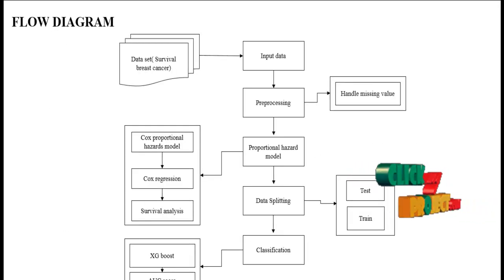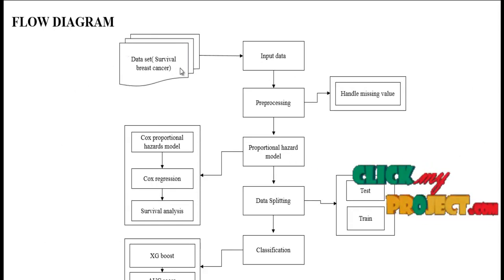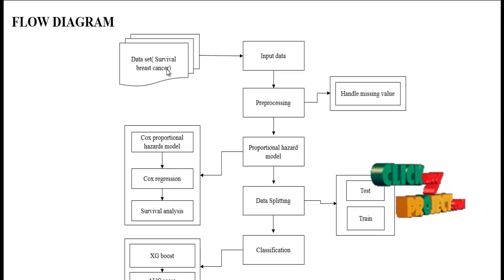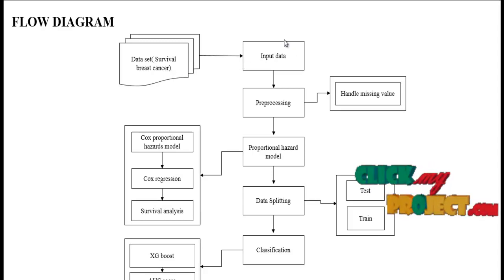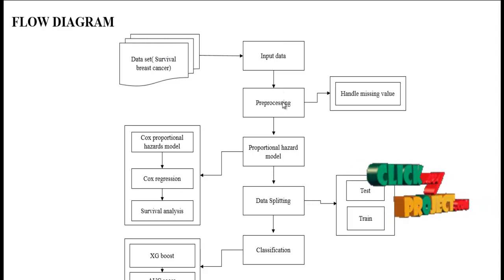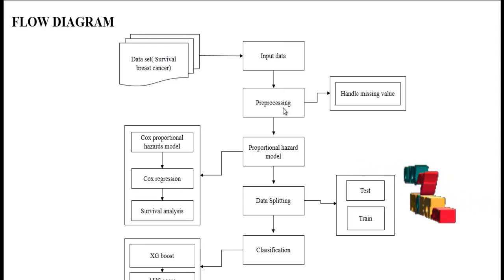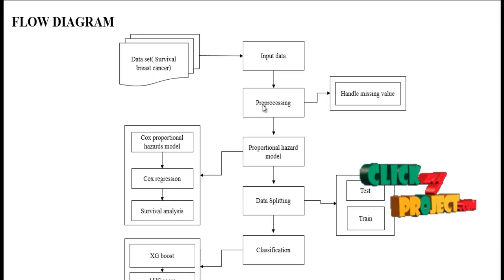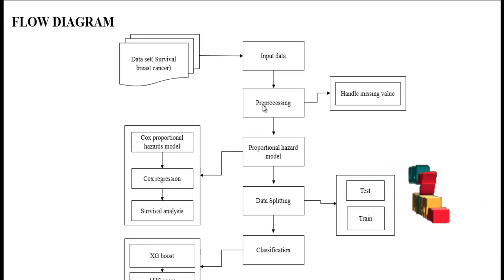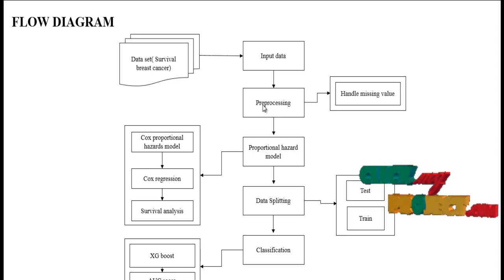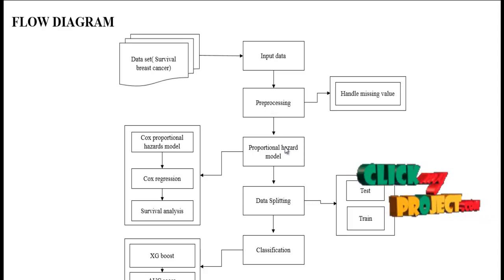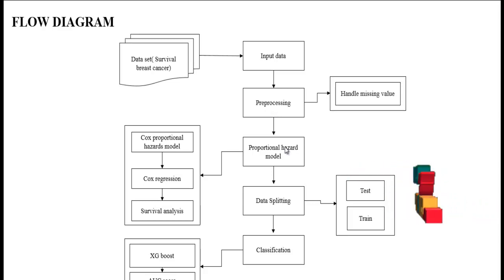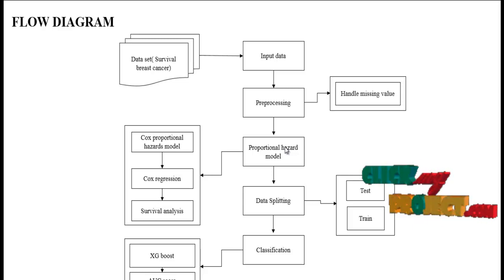Then we are going to see the flow of our process. First we take the dataset, survival breast cancer. Then we take the input data from this dataset. After that we implement the pre-processing step. In this step we remove the unwanted noise or unnecessary data from our input, and we check the missing values.